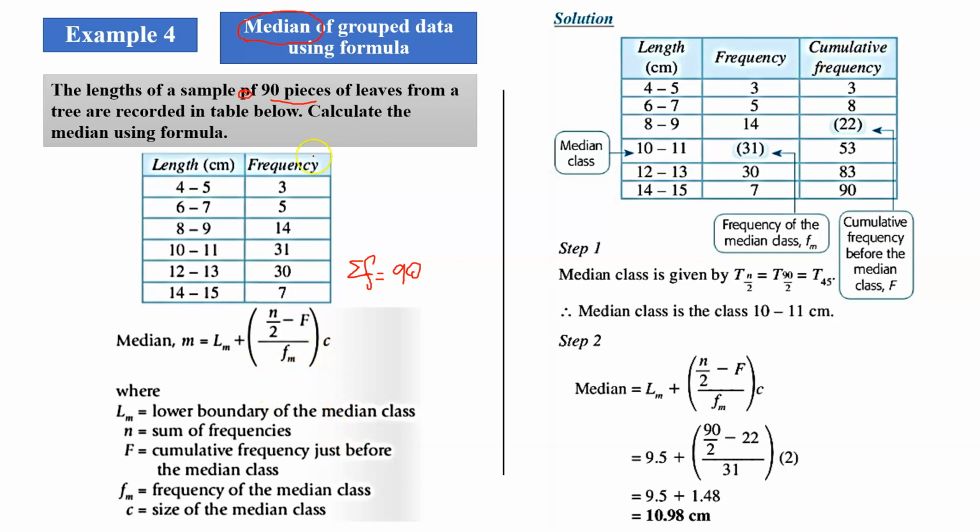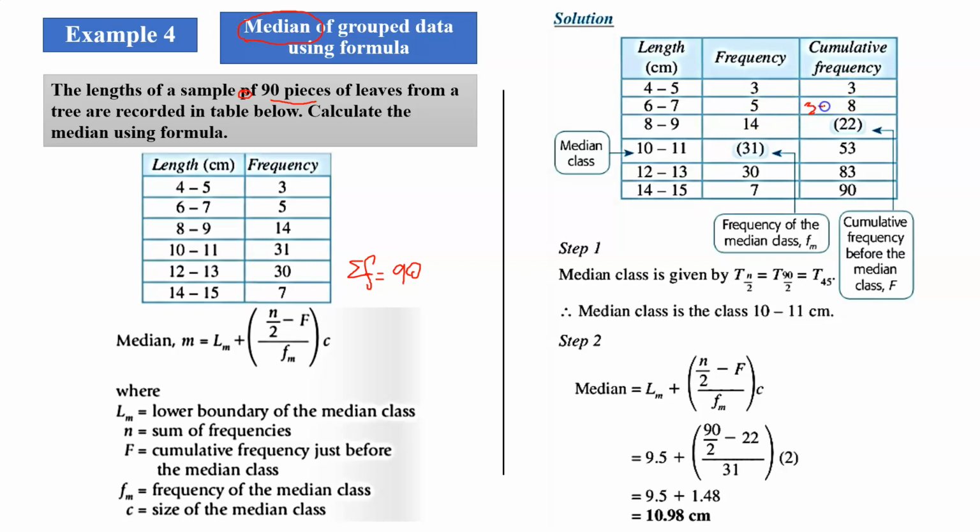So let's see our table. Here you're going to create another extra column. Tambahkan satu column extra dekat hujung, which is the cumulative frequency. So remember what is cumulative frequency? You kena tambah dengan frequency kelas sebelumnya. So you have the first one 3, the second one will be 3 plus 5.